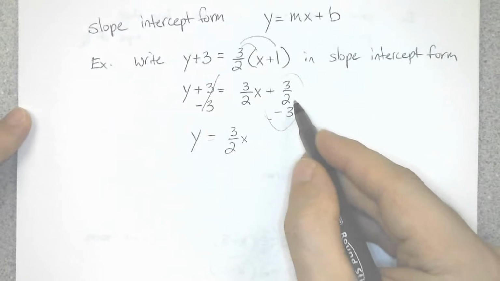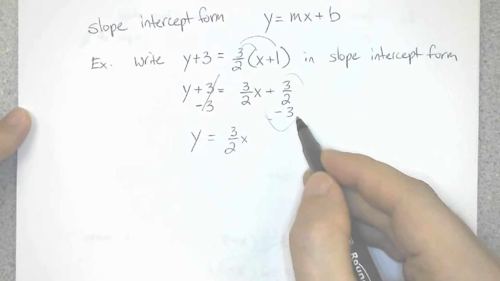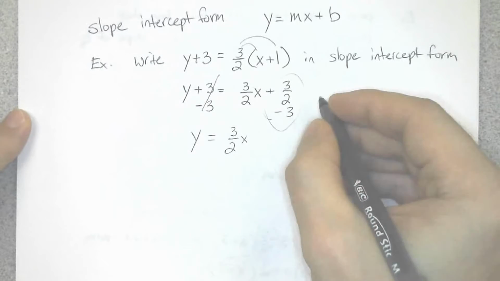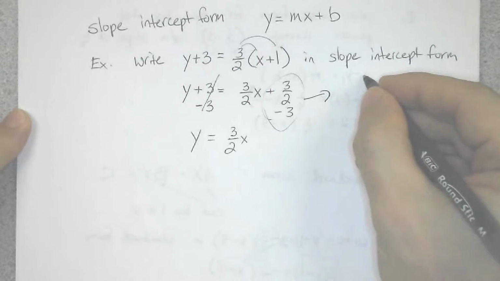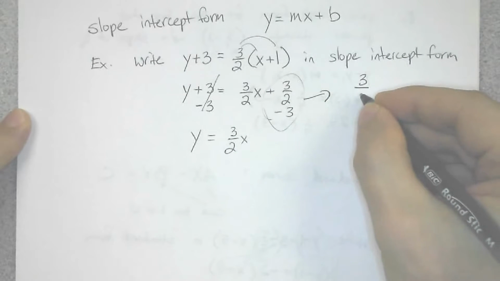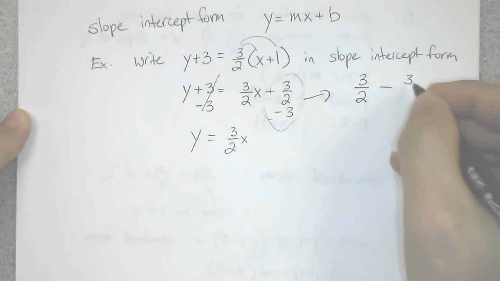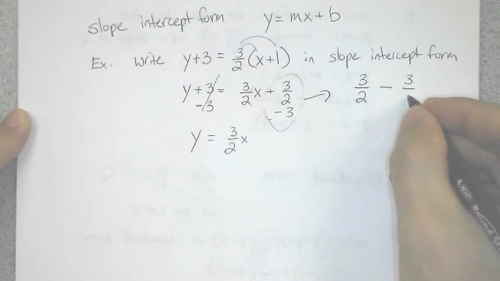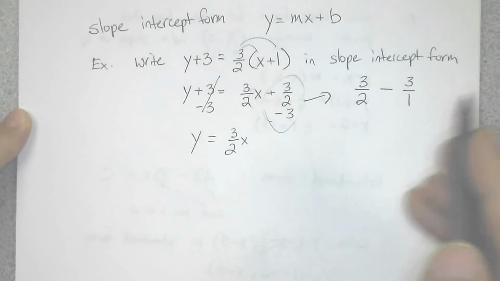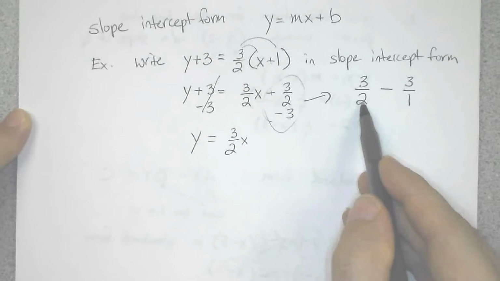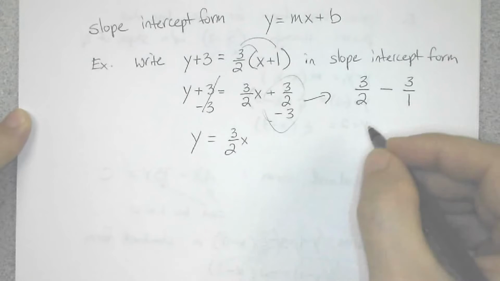So, remember, adding, subtracting fractions, we have to have common denominators. We're going to do this part over here. There's a little bit of review for you. We have this minus 3. Now to make this 3 into a fraction, I give it a denominator of 1. Now, we can see here, common denominator we need is going to be 2.